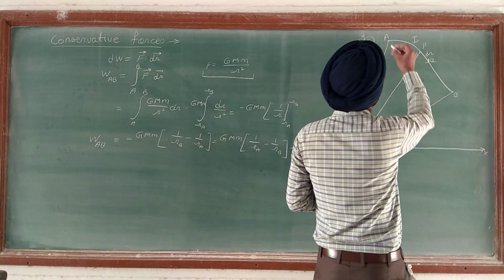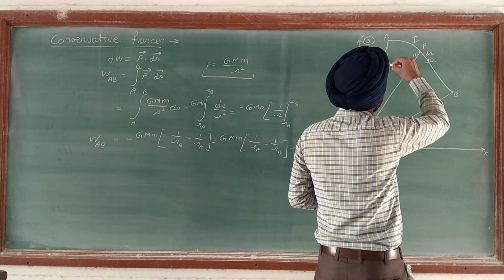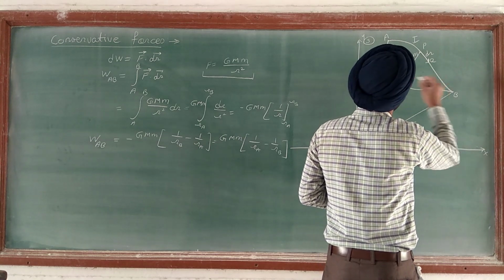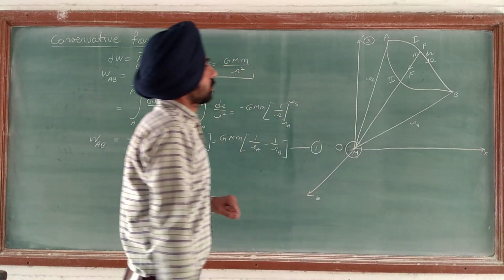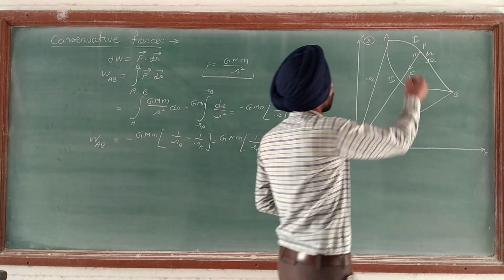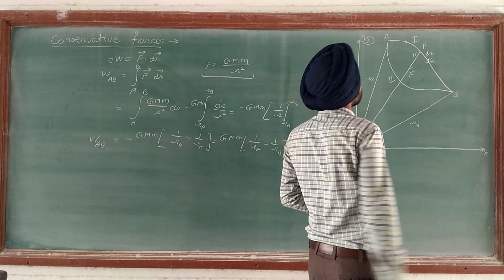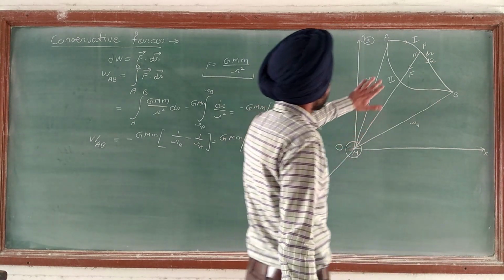Now consider the particle moves along another path. Let it be path number 2. It moves from A to B along this one. This is path number 1 and this is path number 2.